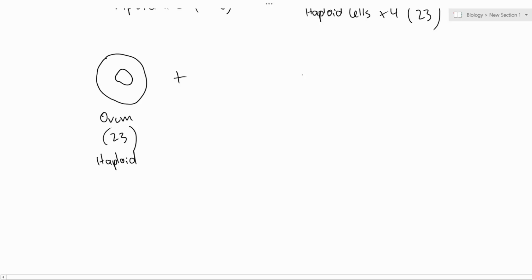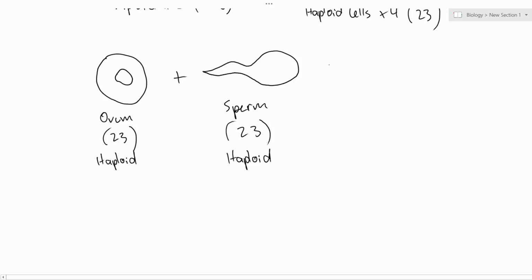Now, in sexual reproduction, what we'll see occur is an ovum and a sperm cell, which are both haploid, will combine. And as a result of this, what we'll end up with is something called a zygote, which is like a fertilized cell.